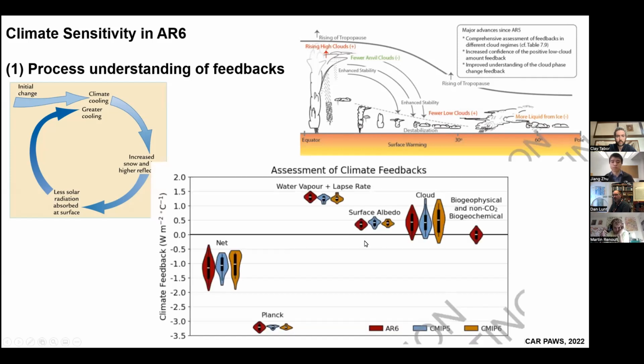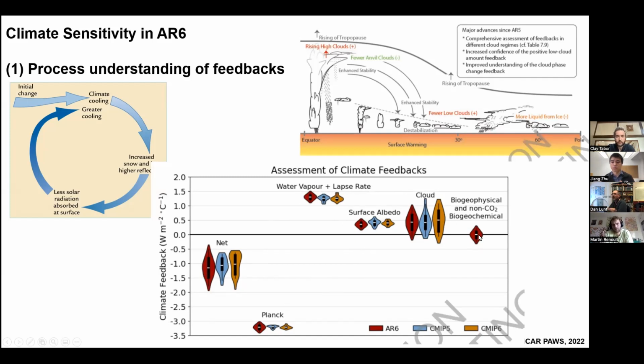Some of the input to this was the CMIP6 models themselves, which can be used to estimate some of the basic feedbacks, like the Planck feedback, water vapor and lapse rate feedback, surface albedo. Like I said, here we've got the large uncertainty in the cloud feedbacks.